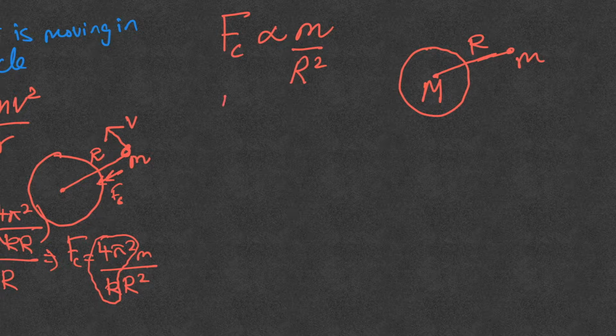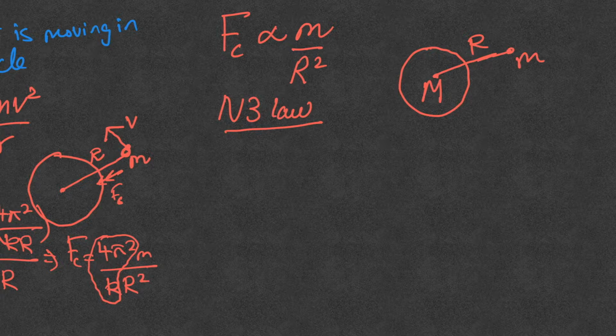Now, coming back to Newton's third law from where we began. Newton's third law suggested that this force, this one, Fc, this must have an equal and opposite reaction, right? And that reaction must be this way.